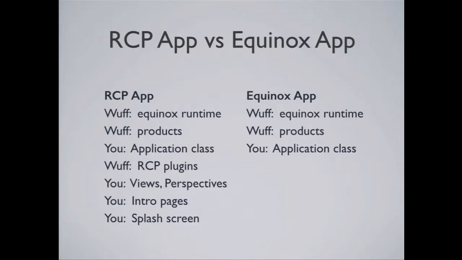Wuff allows us to generate products for both. And what we do on our side, we must create an application class. On the Equinox part here, it's the end of story. Anything else that you create is already not part of infrastructure. It's part of your application logic.